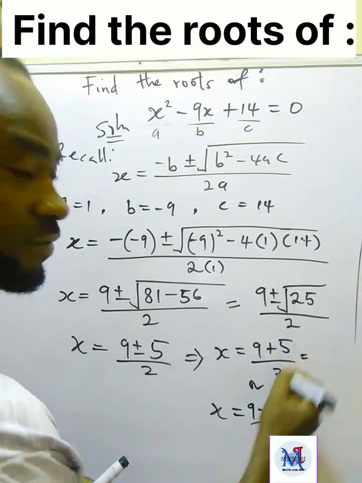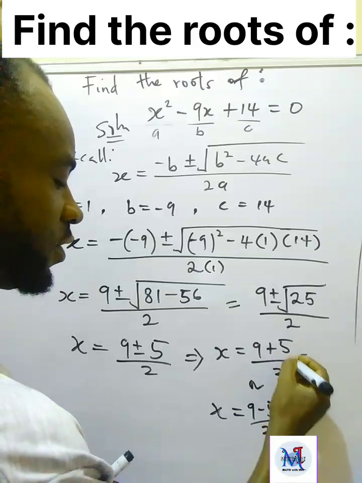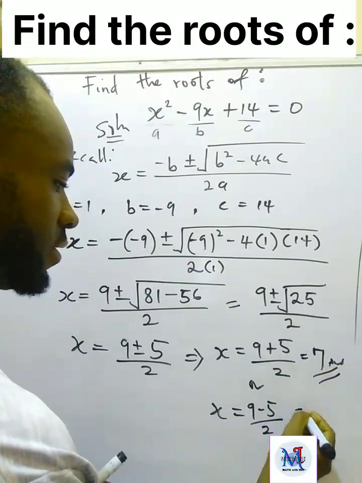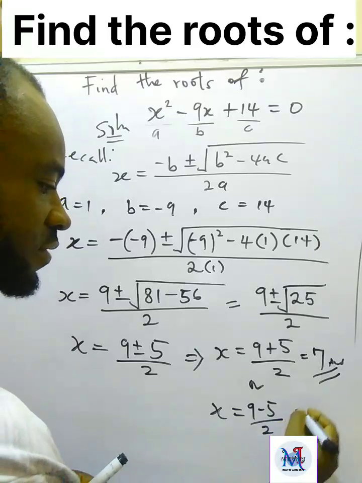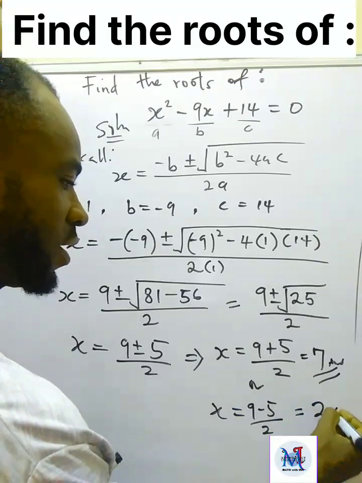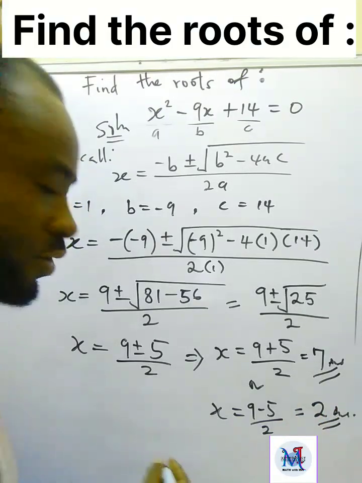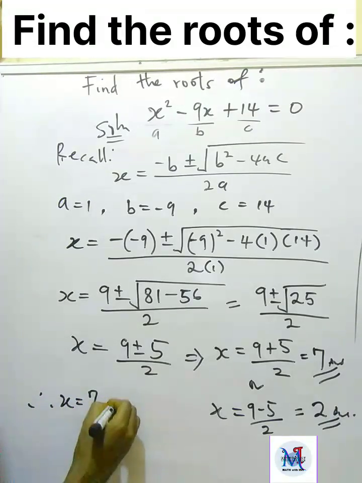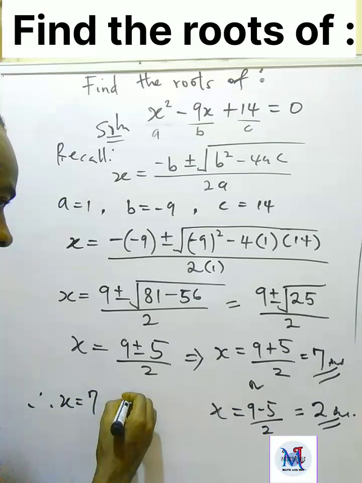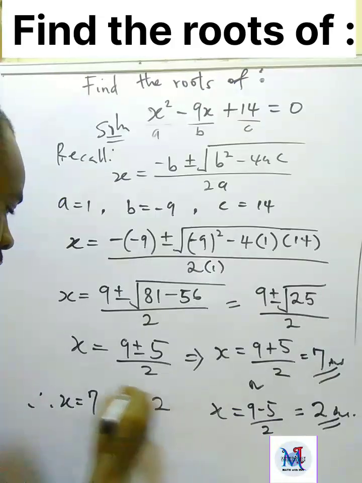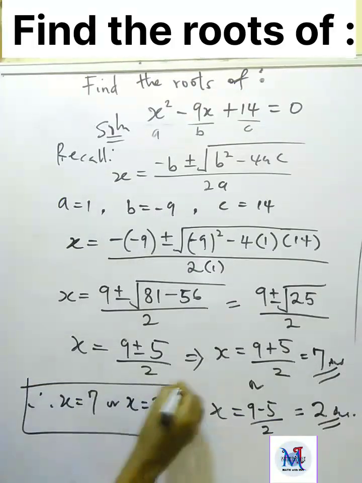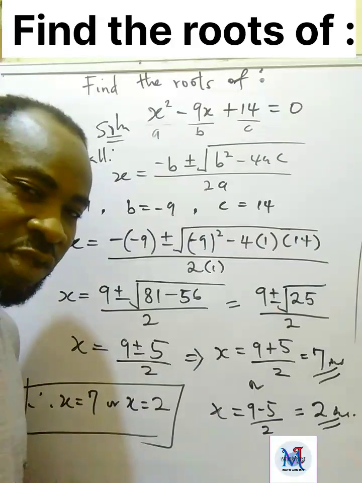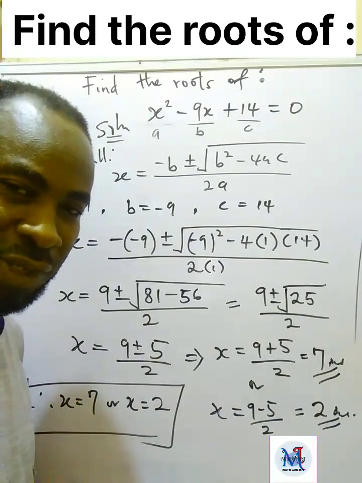So this gives us 14 over 2, which is 7 as our answer, and this gives us 9 minus 5, which is 4 over 2, which is 2 as our answer. So we have gotten our values for x. Therefore x is equal to 7 or x is equal to 2. So these are the solutions to this quadratic equation using the general formula method.